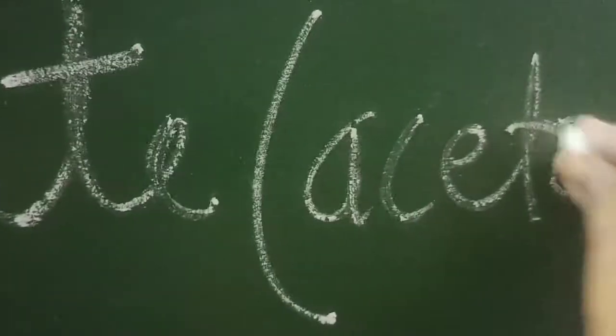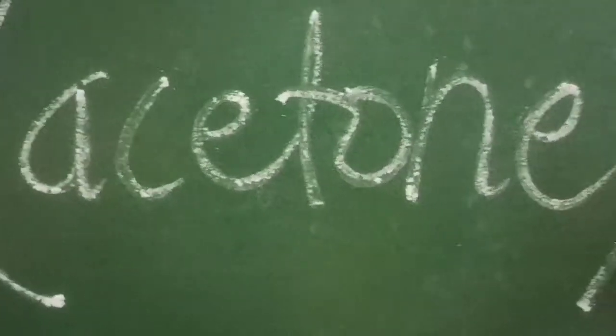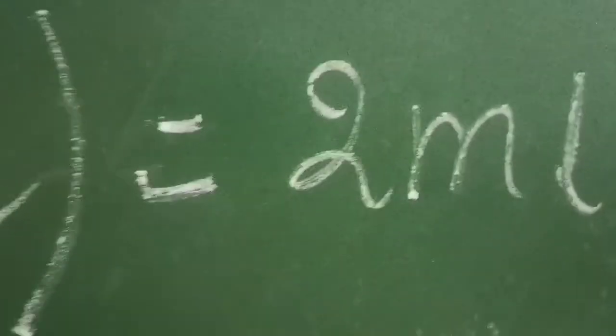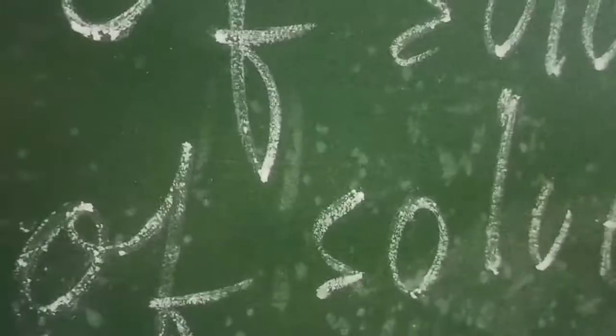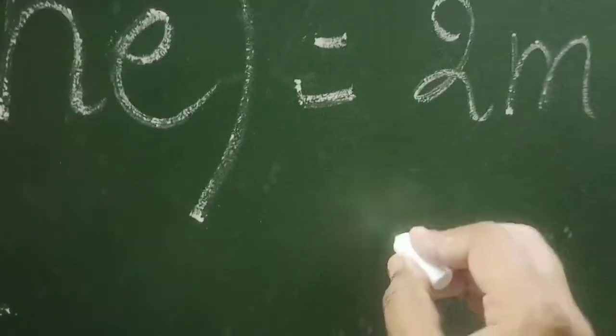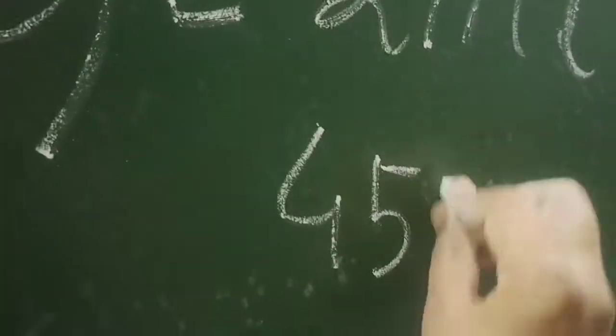It is acetone, which is 2 ml, and the volume of solution, meaning it is an aqueous solution of acetone plus water. So here it is given as 45 ml.